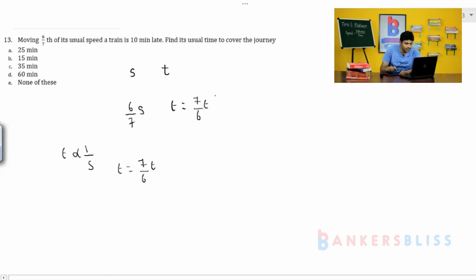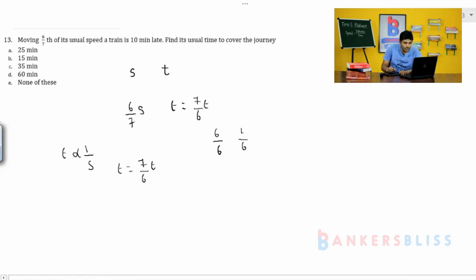Means what? 6/7 is the new speed. Then the new time, being inversely proportional, is 7/6. So, you split 7/6. See here, the denominator is 6, and in the numerator I also write 6. Next fraction, I take the denominator 6. What number do I write in the numerator so that after adding to 6 I get 7?